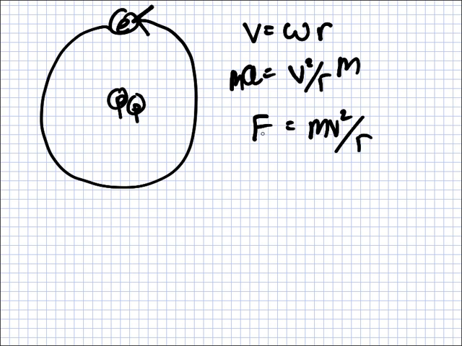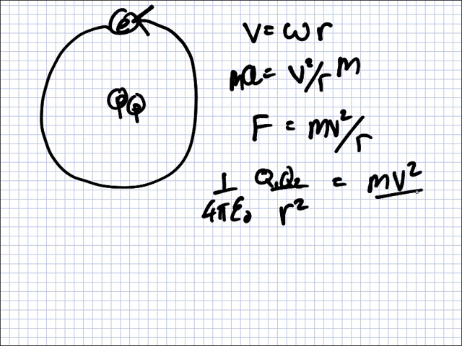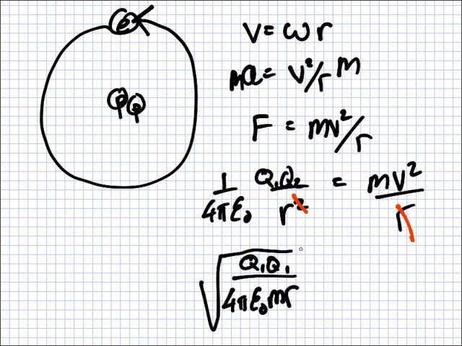But you know what F is from Coulomb. So Coulomb said the F is 1 over 4 pi epsilon 0 Q1 Q2 over r squared. That should equal mv squared over r. So what you can do here nicely is you can cancel this with this. So you can get Q1 Q2 over 4 pi epsilon 0 m, square root. That would be the v. Yeah?